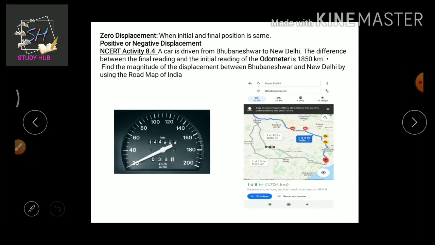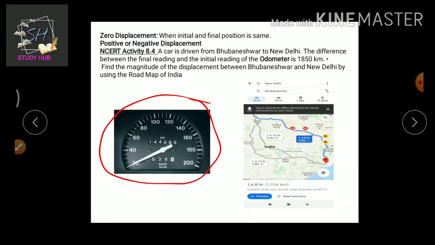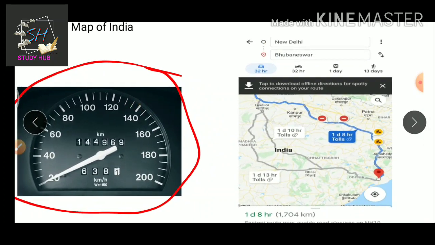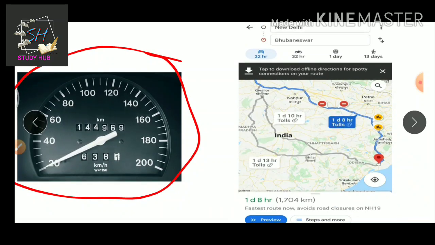Now we need to find the magnitude of the displacement between Bhubaneswar and New Delhi by using the road map of India. So here is the odometer. This is a diagram of an odometer. Now to find displacement, I have taken a screenshot of Google Map. Here I put the initial point as New Delhi and Bhubaneswar is the final point.